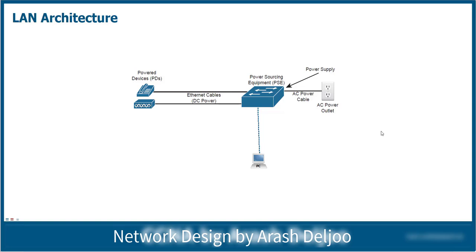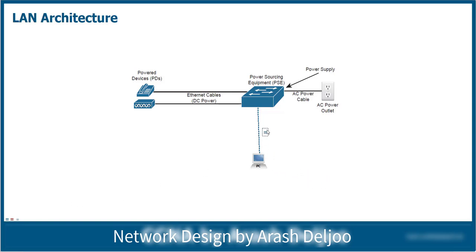About PoE, we have another consideration. This is so important. You know that some devices, such as the IP phone and the access point, need Power over Ethernet, okay? But some other devices, such as the network interface card of a PC, don't need the power, because the power of the network interface card can be supplied by the PC.